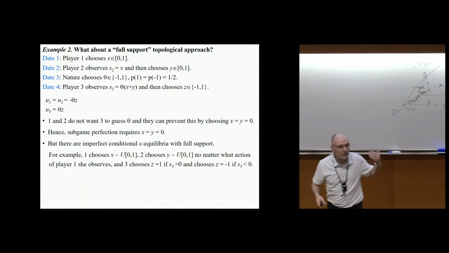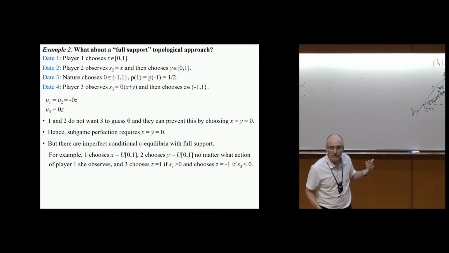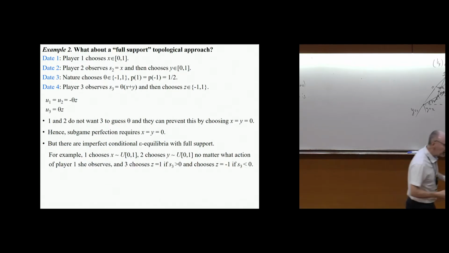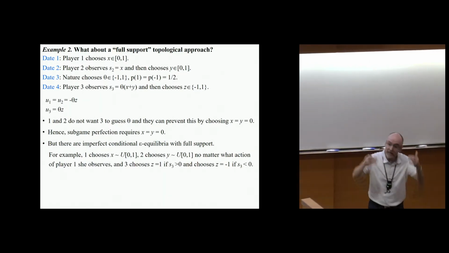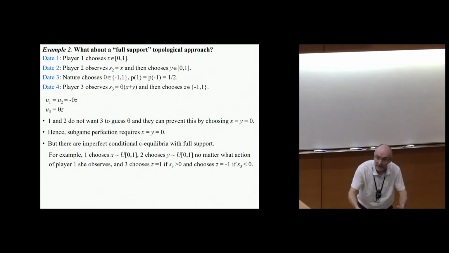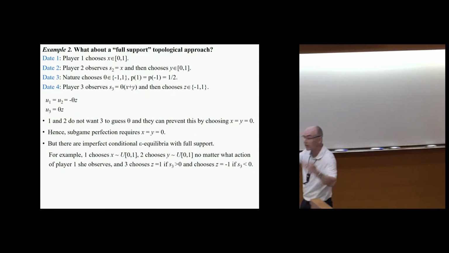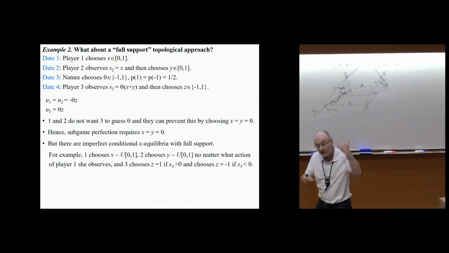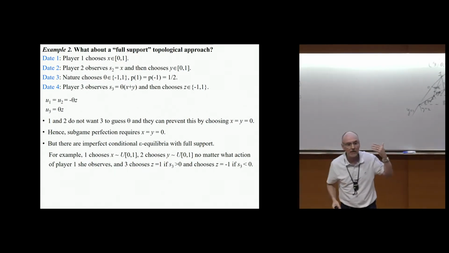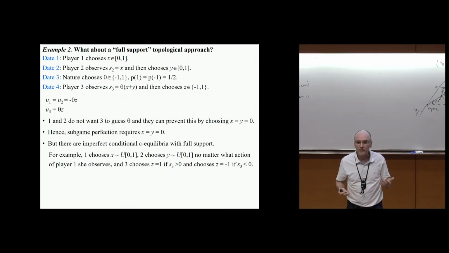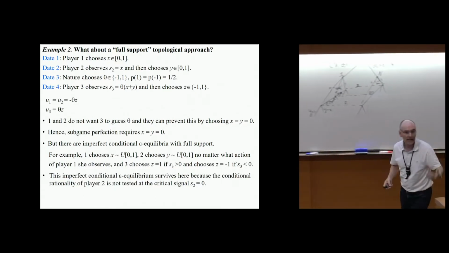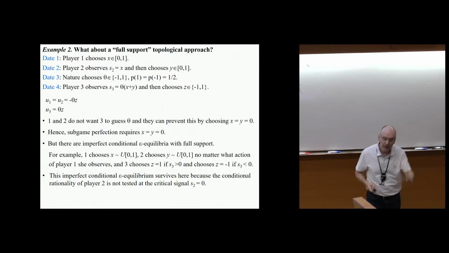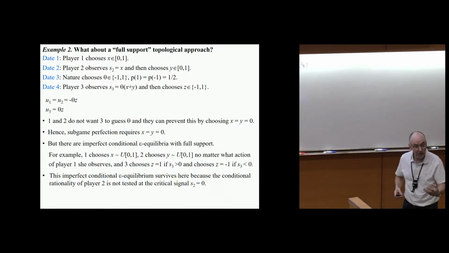So this strategy profile has the property that conditional on every open set, every player is optimizing. And yet it's a crazy equilibrium. It's not subgame perfect even in this game. So the property that every open set has positive probability in the game, and conditional on every open set every player is epsilon optimizing, in fact fully optimizing in this example, is not good enough a test, even though we're testing behavior at every open set, each of which has positive probability.